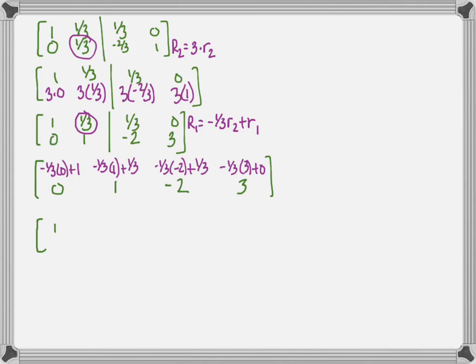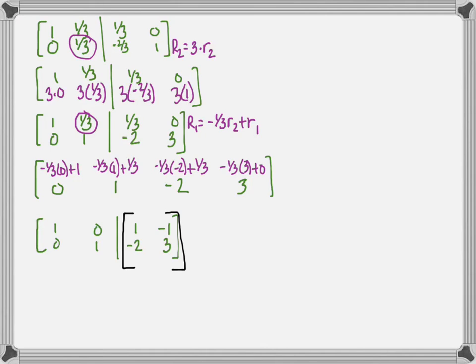Okay, simplifying, we get 1, 0, 1, -1. That's our identity matrix on the left, and then on the right, 1, -1, -2, 3.